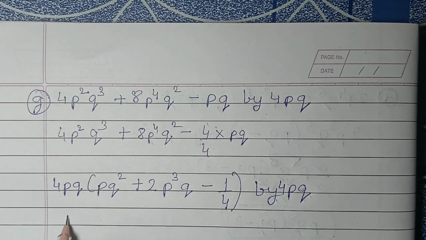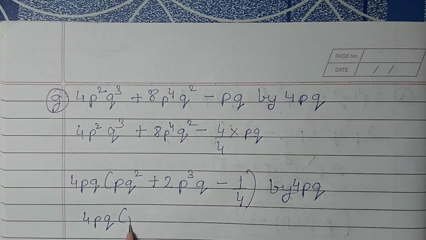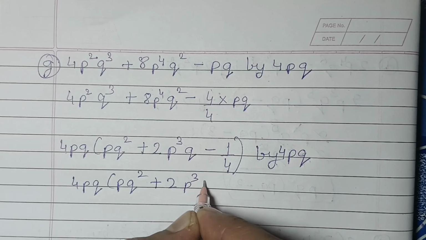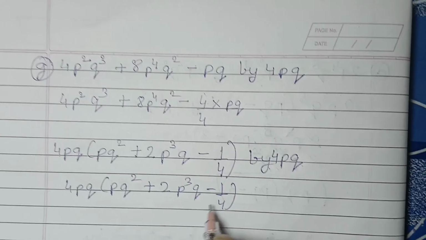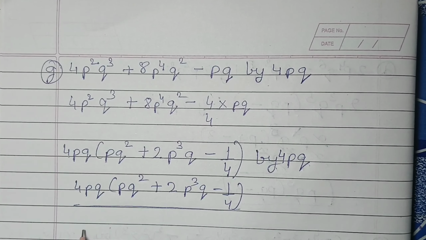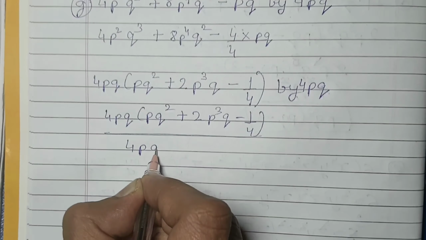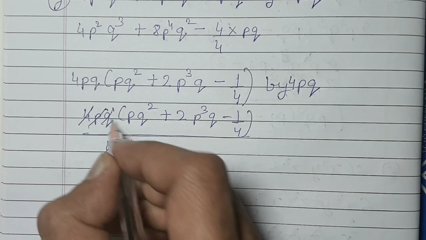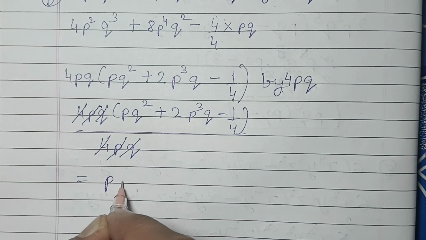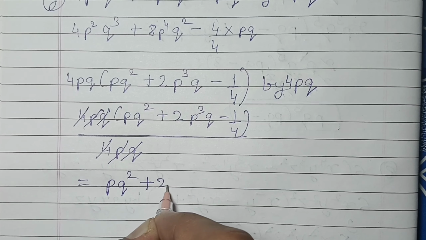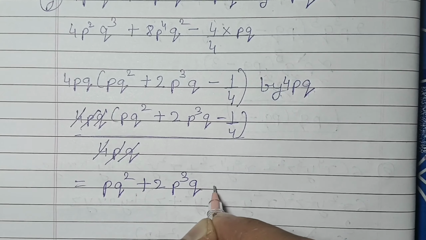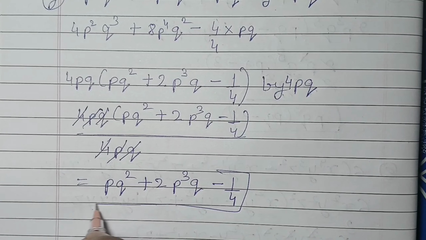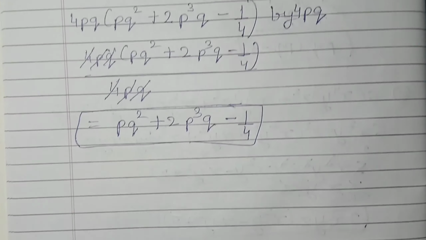So 4pq into pq square plus 2 p cube q minus 1 upon 4, divide by 4pq. 4pq will be cut, so our answer will be pq square plus 2p cube q minus 1 upon 4, and this is our answer for the G question.